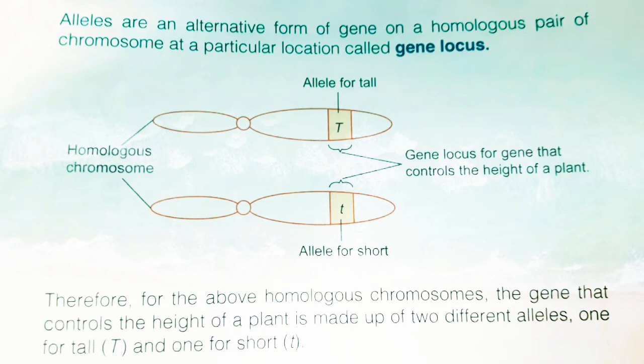Therefore, for the above homologous chromosomes, as you can see on the illustration, the gene that controls the height of a plant is made up of two different alleles, one for the tall, which is capital T, and one for short, which is small t.